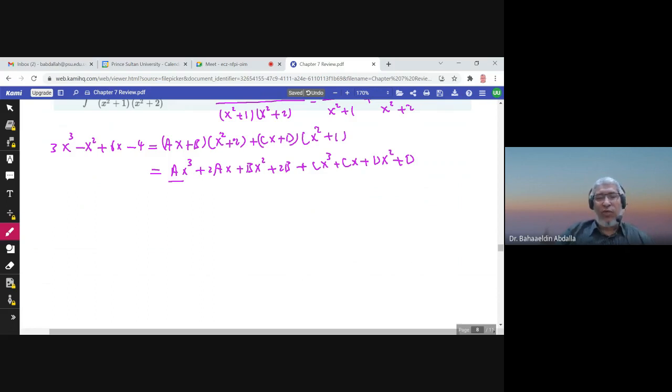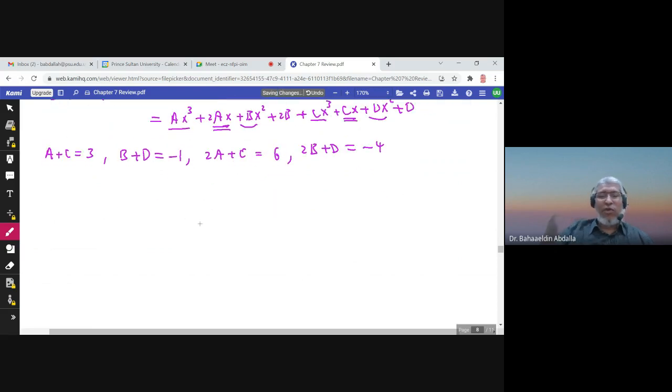The coefficient of x cubed, a plus c, should be equal to 3. And x squared, I have b plus d. This should be equal to -1. And the coefficient of x, I have 2a plus c. This should be equal to 6. And the constant terms, I have 2b plus d. This should be equal to -4.